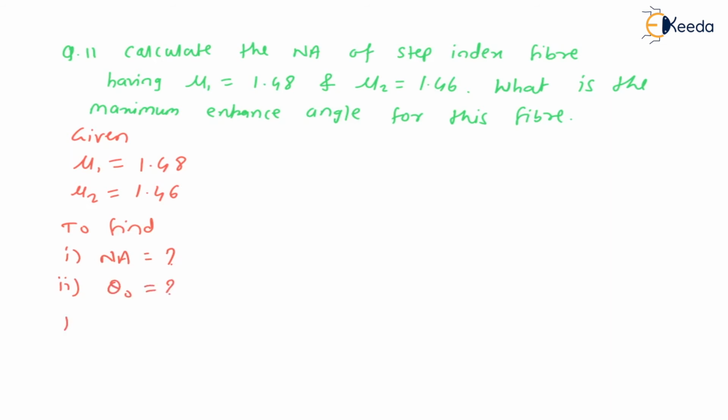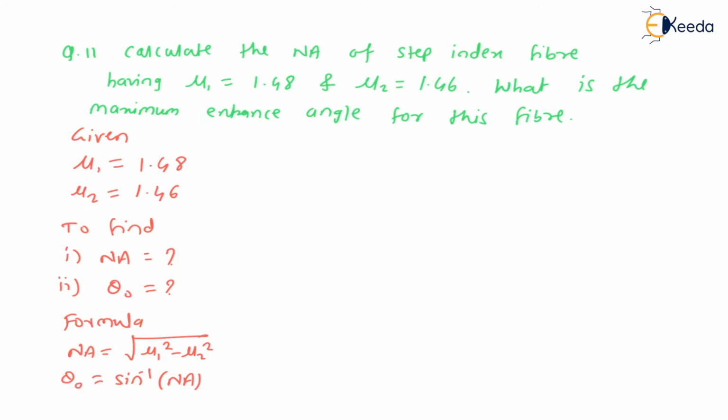Again, the formulas: first of all, for Na the formula is under root mu1 square minus mu2 square, and that of the acceptance angle is sine inverse of Na, the numerical aperture. Because from the first formula we will have the value of Na, and then we will substitute it in the formula for the acceptance angle.